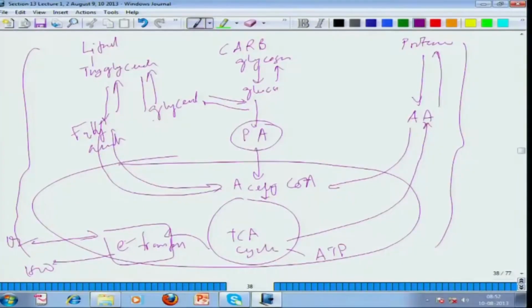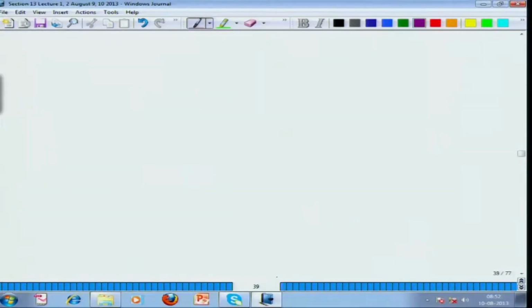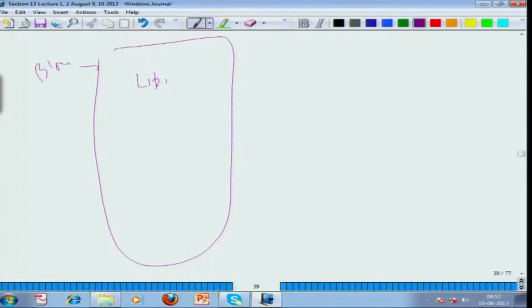Now, we will briefly talk about some of the absorptive processes and the thermoregulation process. If you look at the absorptive processes, in the bloodstream you have lipids, amino acids, and glucose, and they are all in the blood. Where are they getting stored?